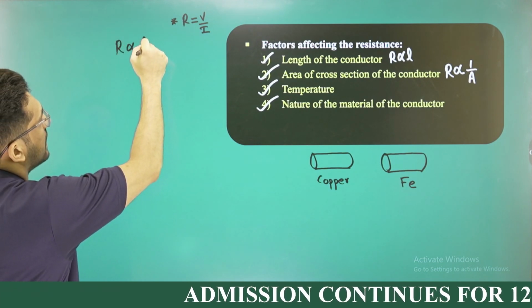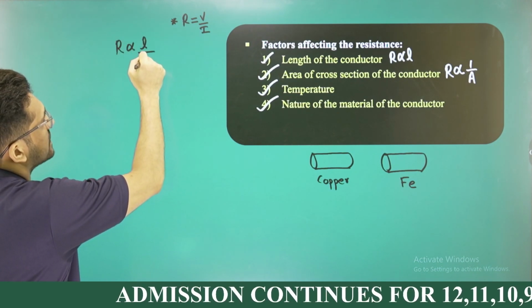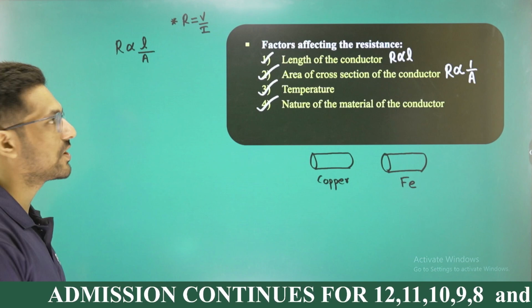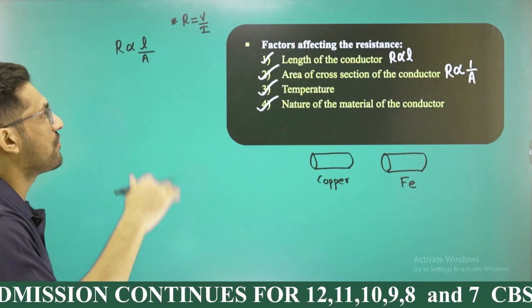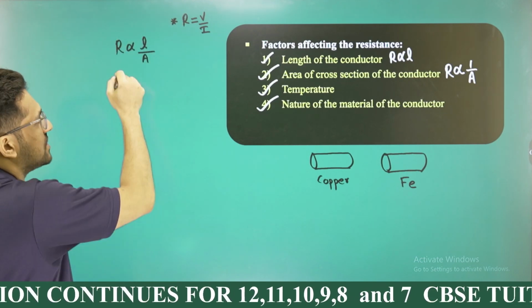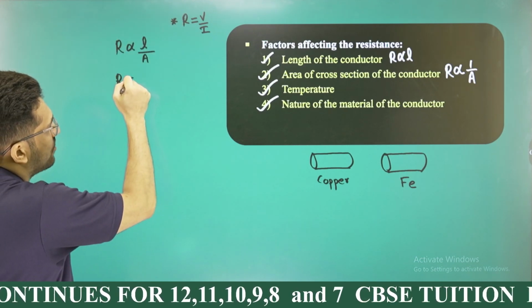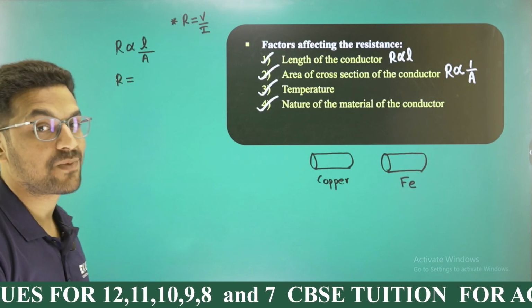Okay. Now you can combine all these using this relation. R is directly proportional to L, inversely proportional to A. Just like we did before, we can remove this proportionality. Then you can give an equal to sign there, but you have to multiply a constant.